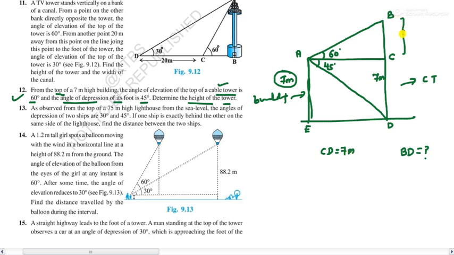We need to find only BC. If you know BC, we can find BD, because BD is equal to BC plus CD. So I'll name this CD as X. So this can be written as 7 plus X. BD is how much? 7 plus X. Are you guys getting it?